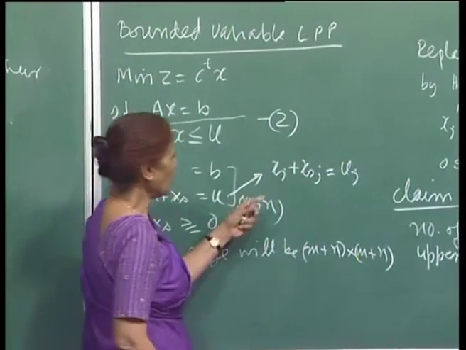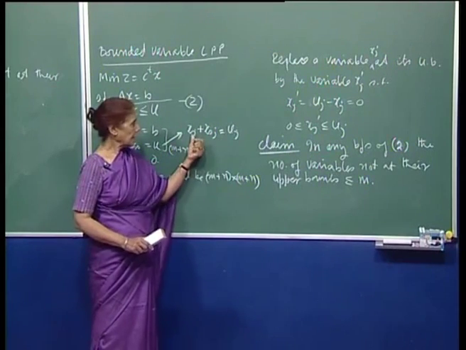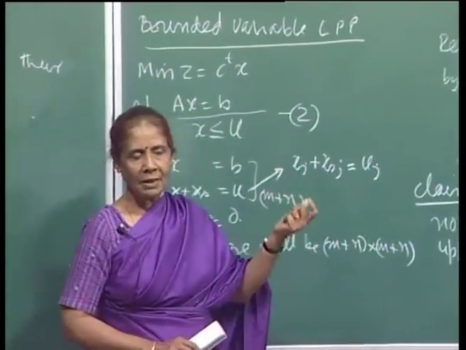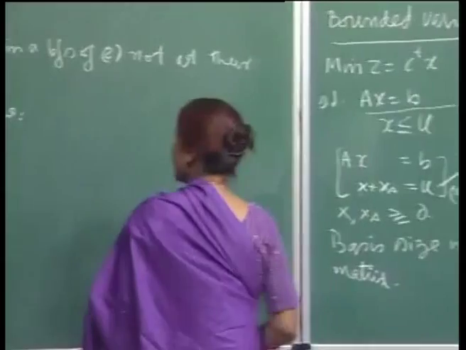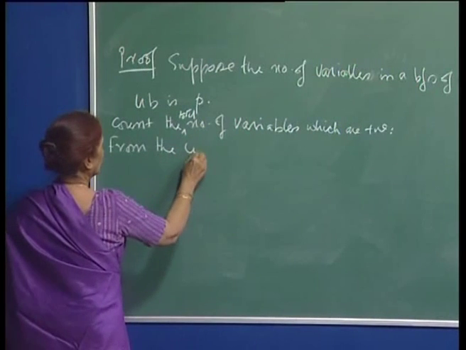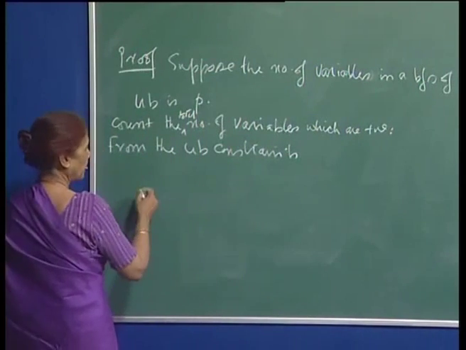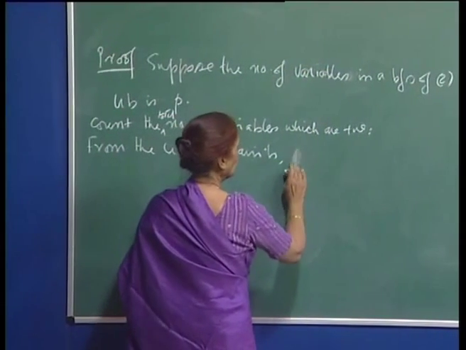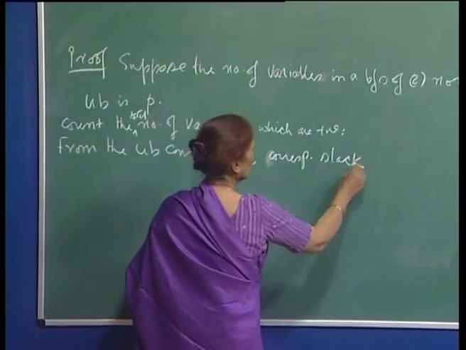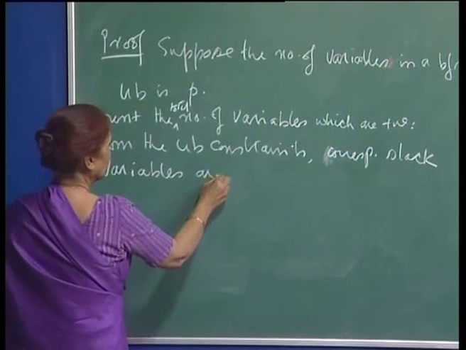So, if x j is not at its upper bound, then x s j has to be positive, because they both must add up to u j. x j is strictly less than u j, so x s j also has to be something positive, which is equal to u j minus x j. So, from the upper bound constraints, the slack variables corresponding to these are also positive.